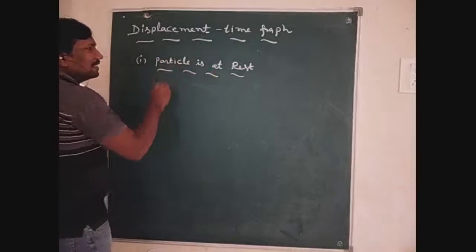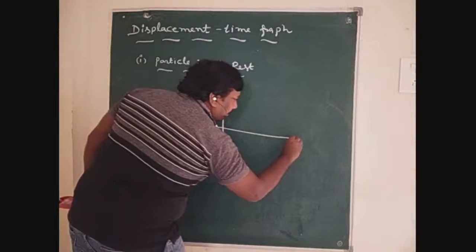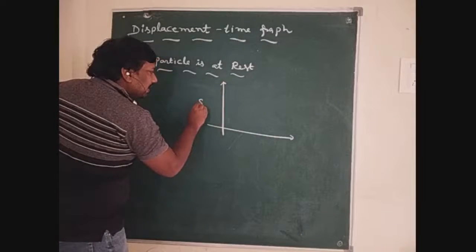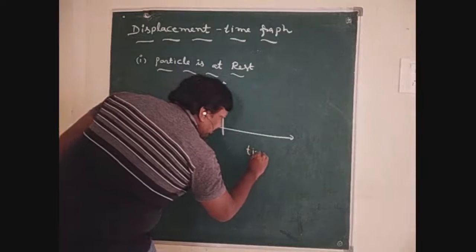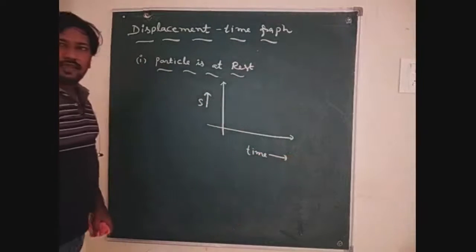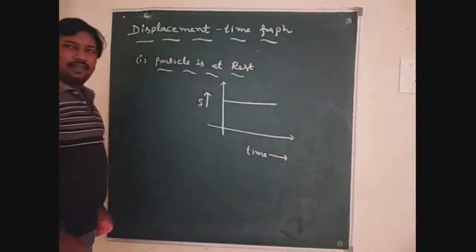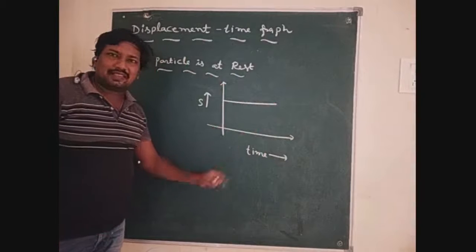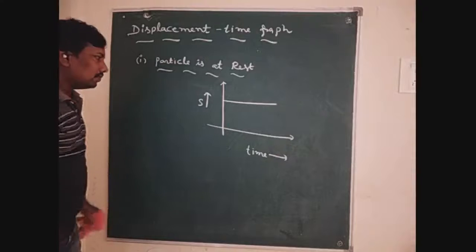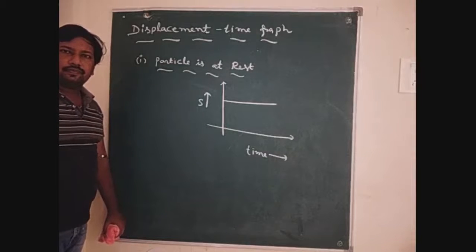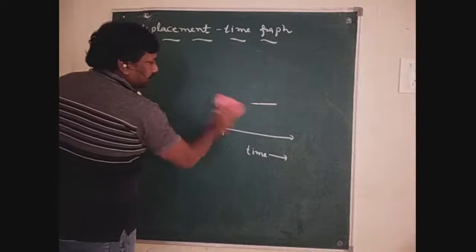When a particle is at rest, the displacement is along the y-axis and time along the x-axis, and the graph is a straight line parallel to the time axis. Okay. Next, case 2.